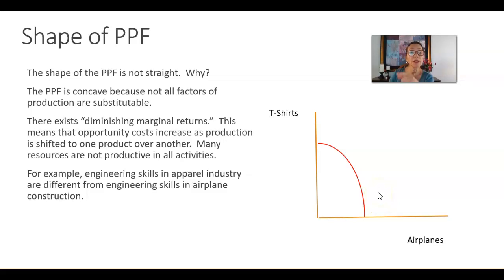There exist what are called diminishing marginal returns. So this means that the more you employ your resources in the area of one product, the opportunity costs are going to increase. Okay, so as you shift your production to one product or the other, you're going to experience increasing opportunity costs. Not all resources are productive in all activities.